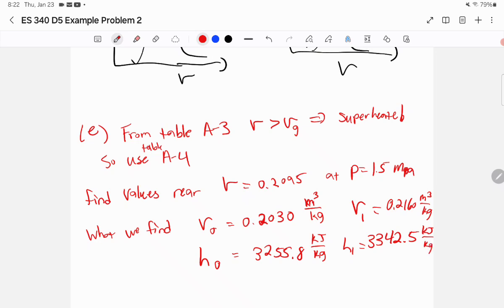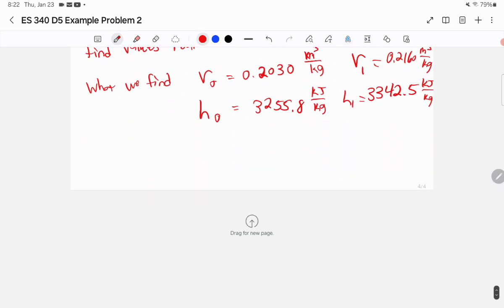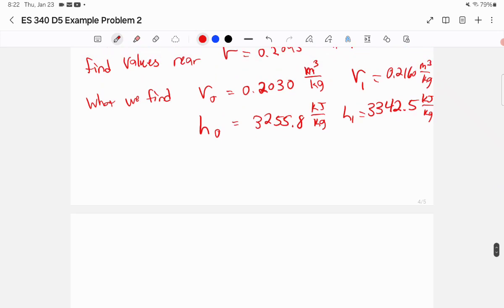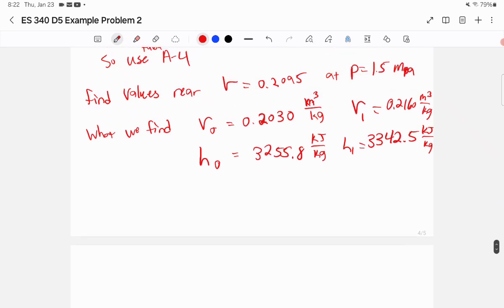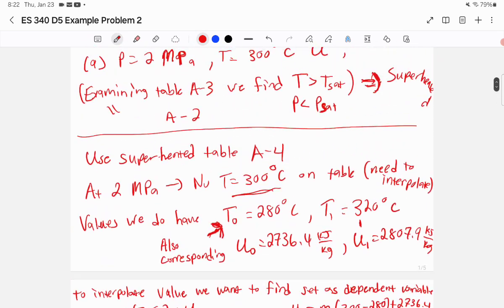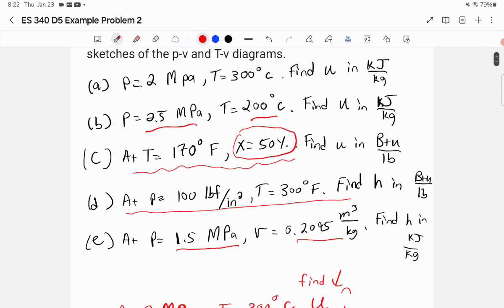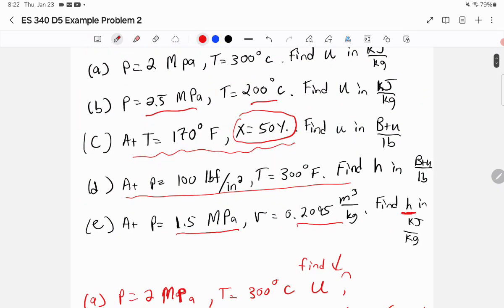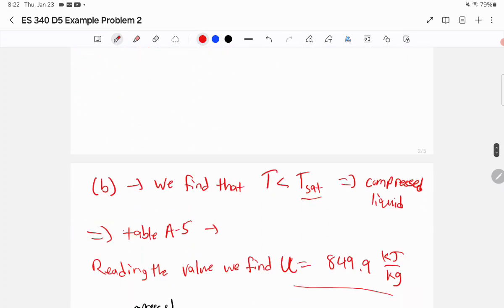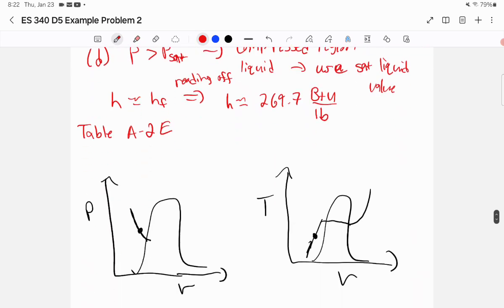Okay, so those are the enthalpy values. And again, we'll talk about enthalpy soon, but it's going to be the same process for this as it is for the internal energy, the specific internal energy, and so on. So now again, we want to find H. Remember, going back up to the problem, we want to find H. Since we want to find H, that's going to be our dependent variable.